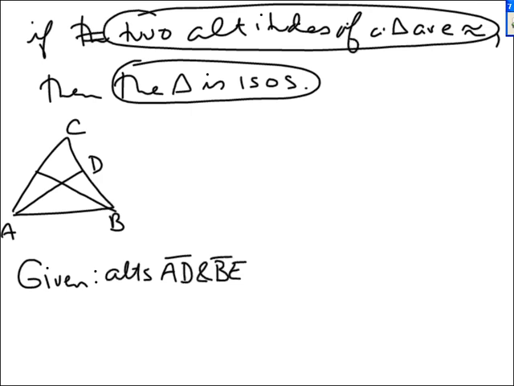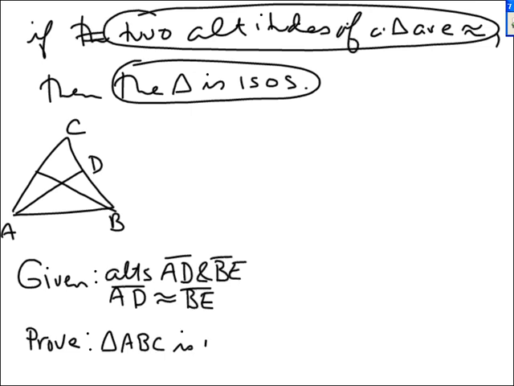Okay, and we're also given that the altitudes are equal. AD and BE are congruent. And we want to prove that the triangle is isosceles. Proves that triangle ABC is isosceles. And remember that altitudes meet at right angles.